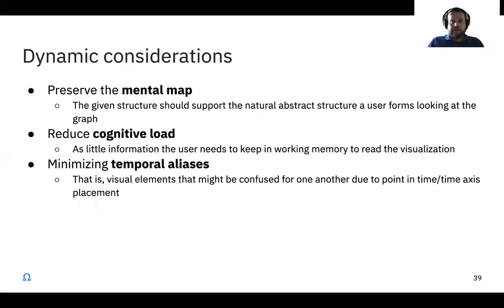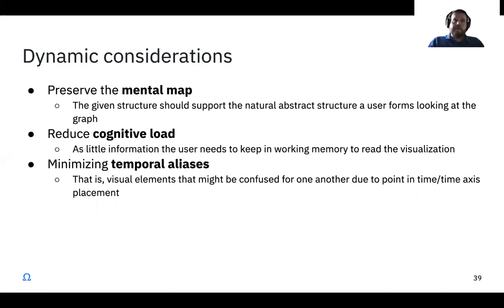Then there are also considerations called dynamic when we are placing nodes on the map. So we should preserve the mental map. So mental map is the imagination of the user or of the reader of our visualization. So the given structure that we draw on the screen should support a natural kind of abstract structure a user forms looking at the graph.